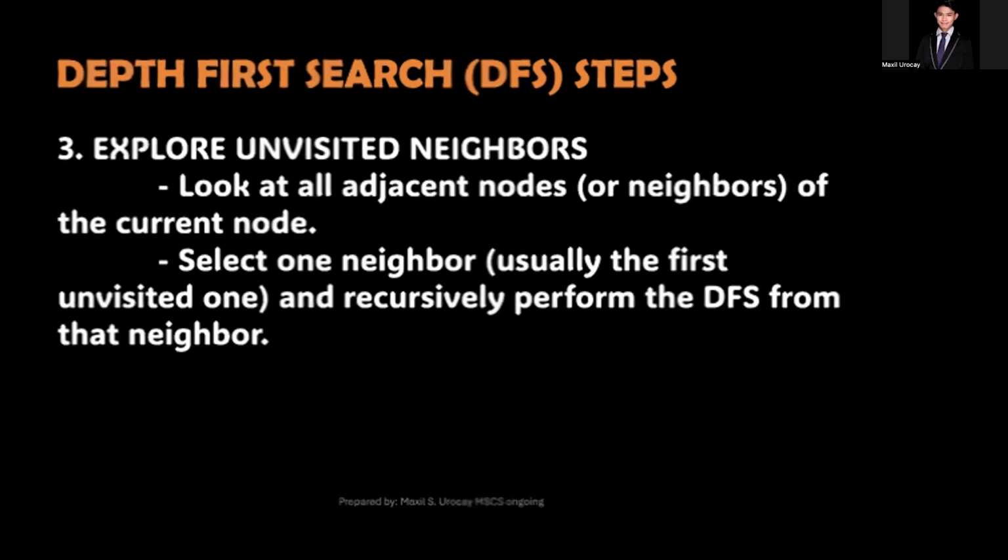You look at all adjacent nodes or neighbors of the current node. Select one neighbor, usually the first unvisited one, and recursively perform the DFS, or depth first search, from that neighbor.